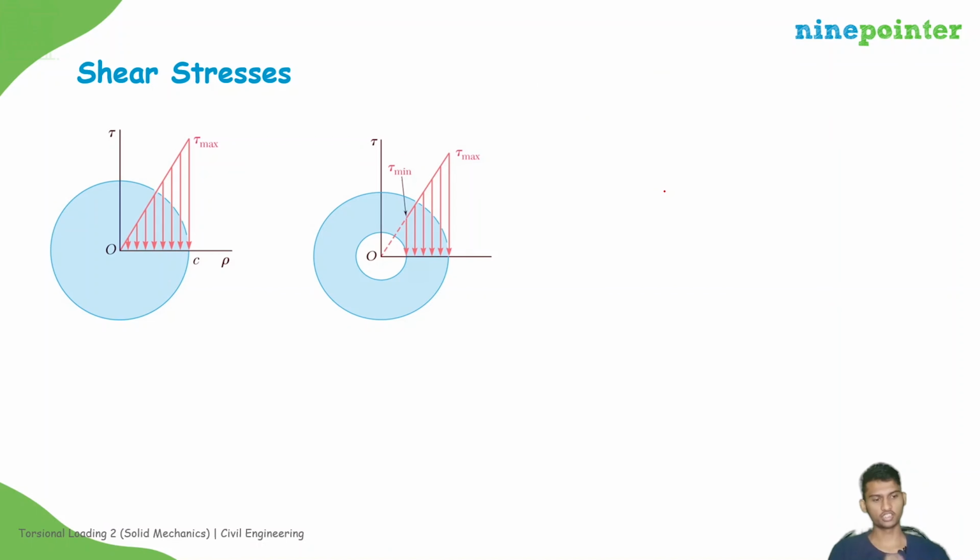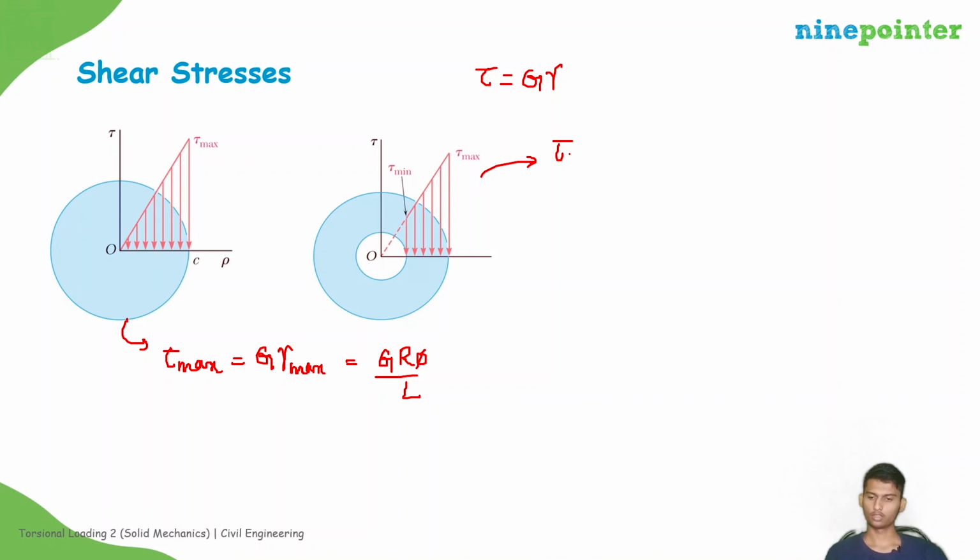Now let us go to shear stresses. We already know that shear stress tau is equal to G into gamma. So in this case, tau max will be equal to G gamma max, that will be equal to G into R phi by L. In this case, tau minimum is equal to G into gamma minimum, that will be equal to G into R1 phi by L. Tau max will be equal to G into gamma max, right?